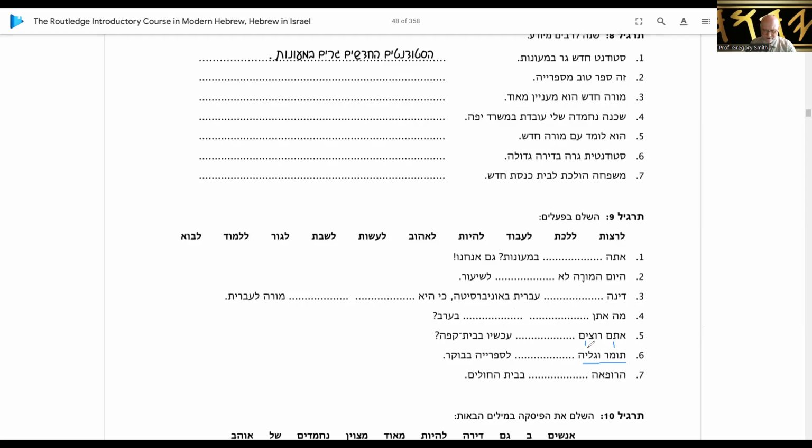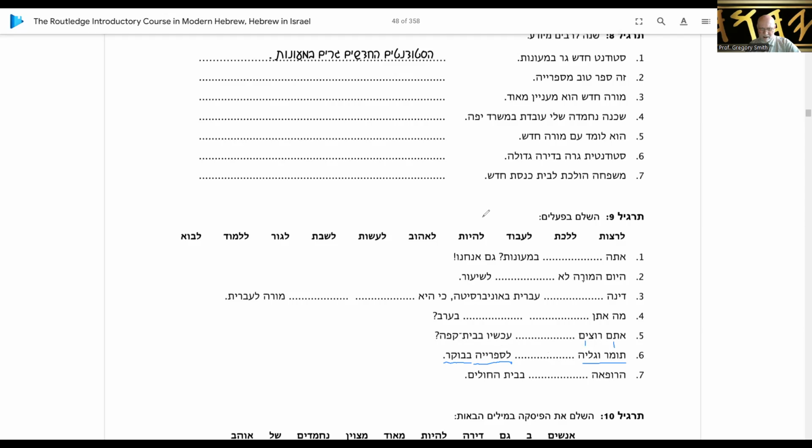Oh, Galia. Okay. Tomer and Galia. That's a strange name. תומר וגליה, Tomer Vegalia. Okay, so Tomer Vegalia blank to the library. Let's see, labiblioteka baboker. Something to the library in the morning.